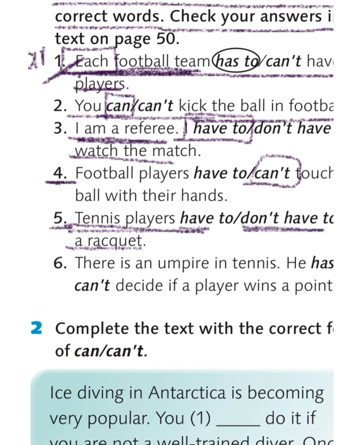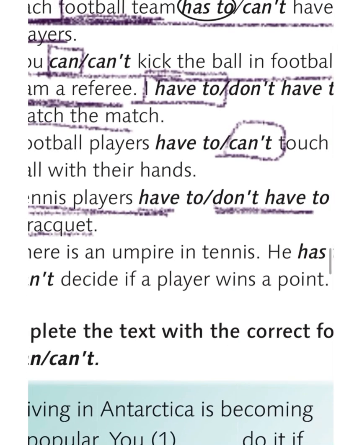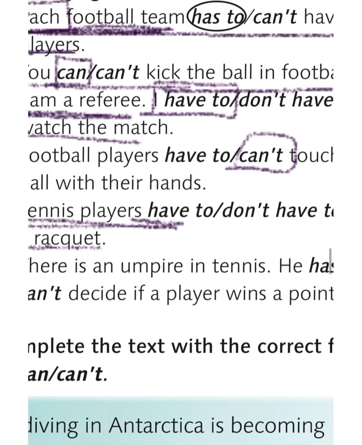No, they have to. Excellent. If you don't use a racket, you can't play. If you don't hold a racket, you don't know how to play tennis. So tennis players have to use a racket.